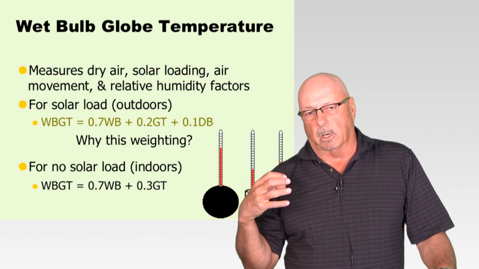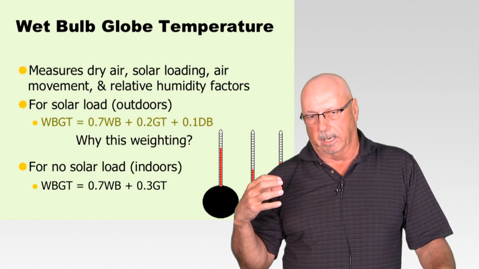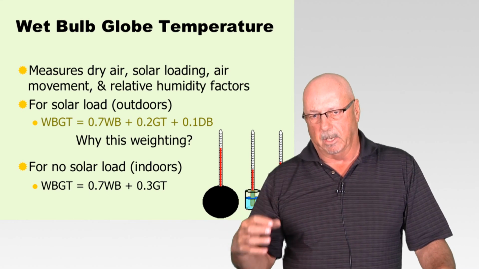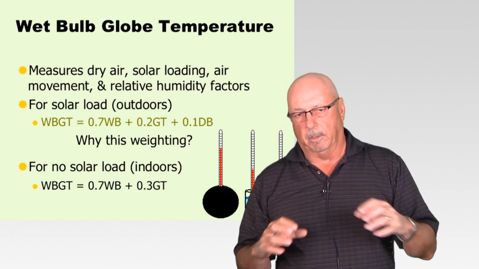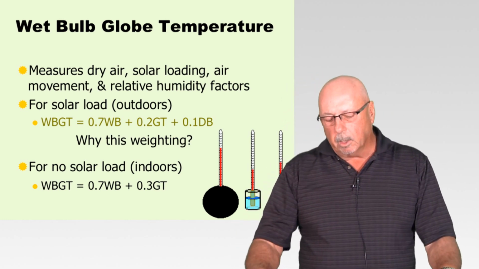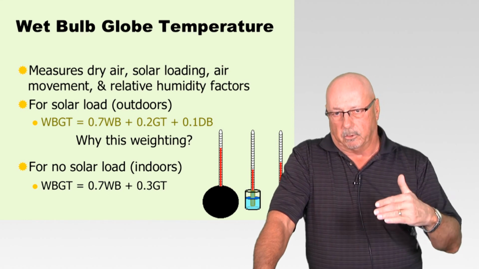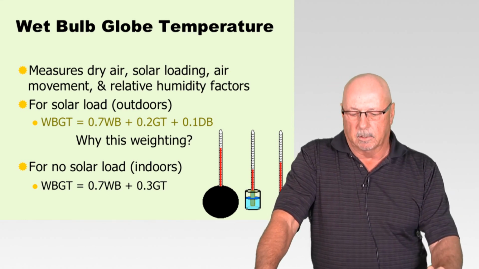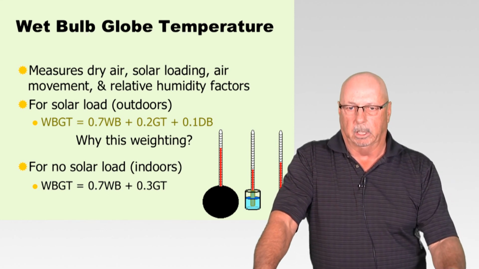And this temperature is going to be reflective of the radiant heat load. That's the heat load that is contributed by the sunlight. And so because of the black globe, it's going to absorb that energy from the radiant heat, and therefore that temperature on that thermometer will rise proportionally above what your ambient temperature would be.